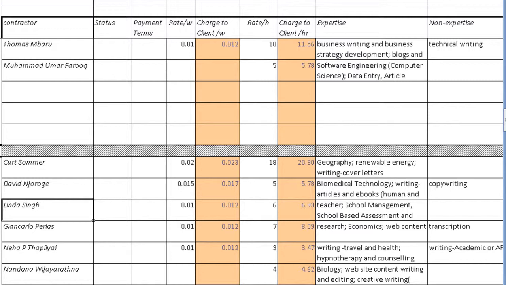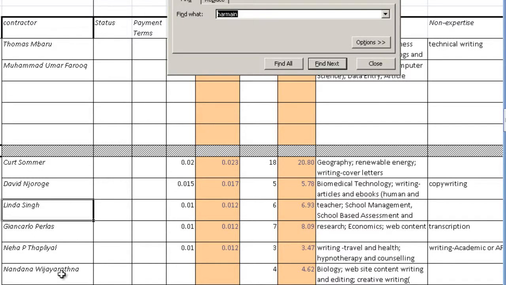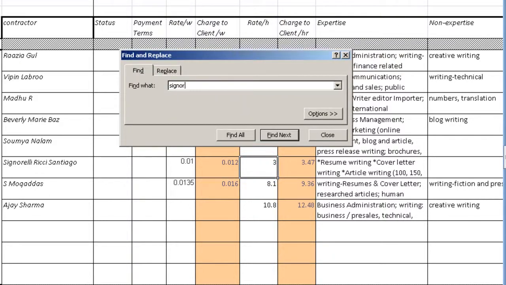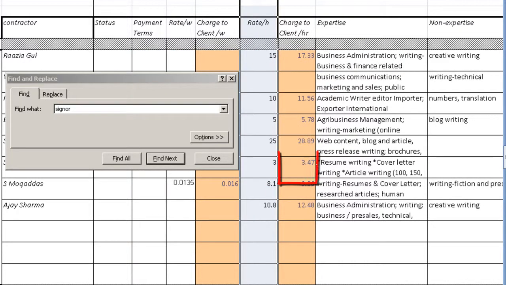So I'm going to look up his hourly rate. And you'll see here that his hourly rate is $3, and the charge to client in column H would be $3.47.